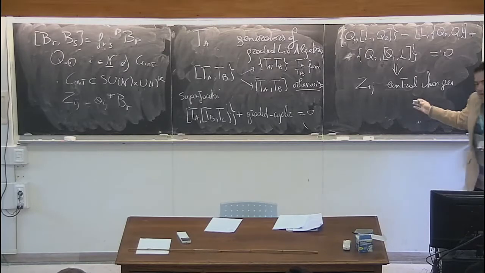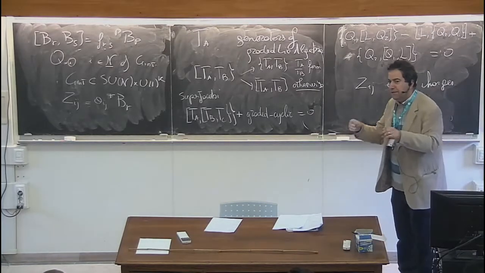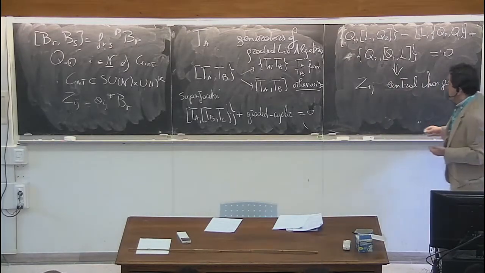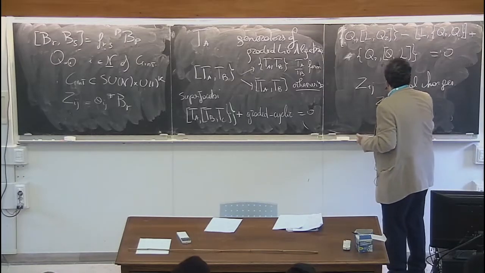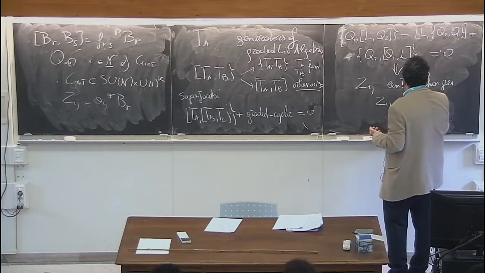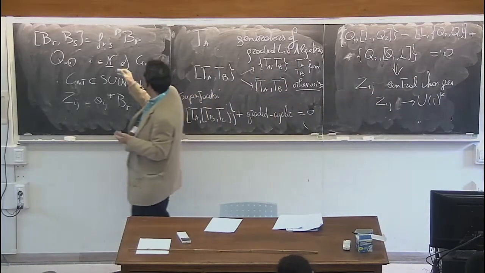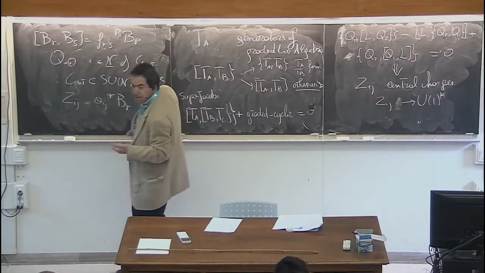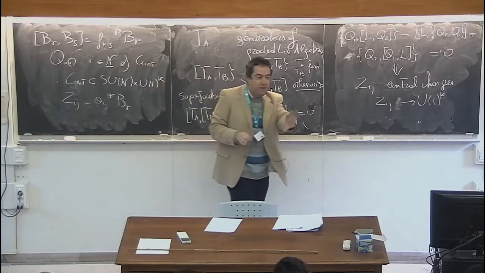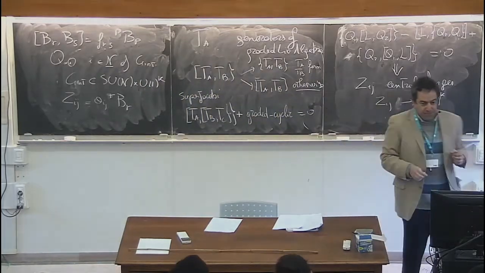Zij has to commute with everything, with all the other generators. So this means that Zij belong to, or generate, the U1 to the K part of the internal symmetry group. They have to be there.